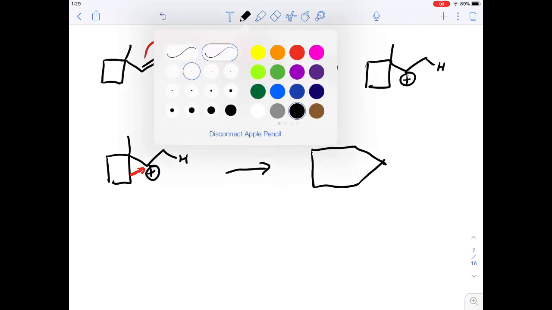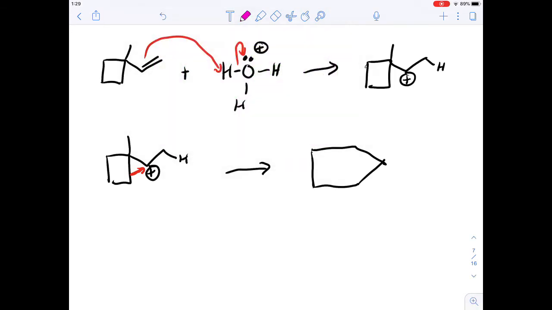All right. So now we're going to go and number our carbons so we could find where the carbocation is going to be now. So 1, 2, 3. This is going to be the point. So this is 4 and this is 5. So 3 is now forming a bond with 4. But because 3 was originally bonded to 5 and 5 now lost these electrons, 5 is going to be where the carbocation moves to.